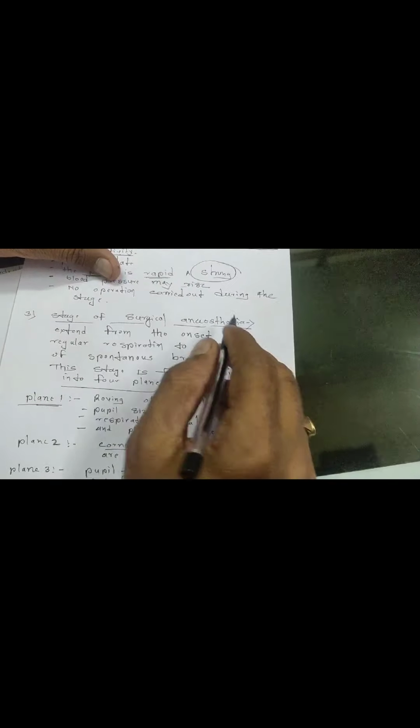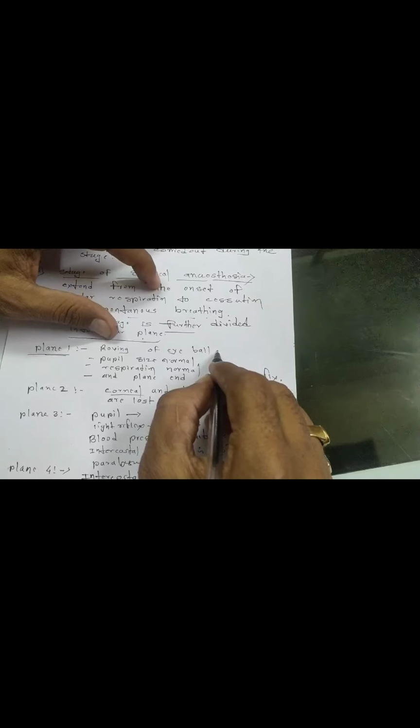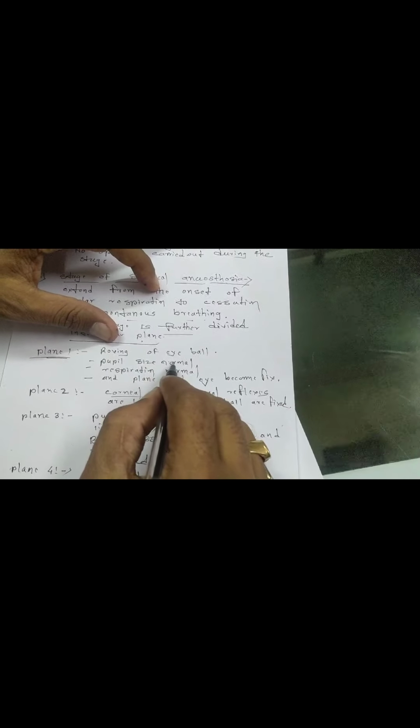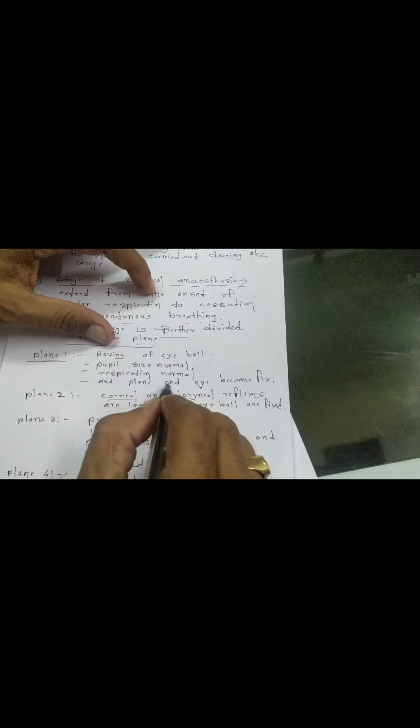Then see again stage 3, the important stage, surgical anesthesia. This stage extends from the onset of regular respiration to the cessation of spontaneous breathing, and it is divided into 4 planes. In the first plane, roving of the eyeball, movement is increased, pupil size is normal, respiration normal, and as the plane ends, the eyeball is fixed.